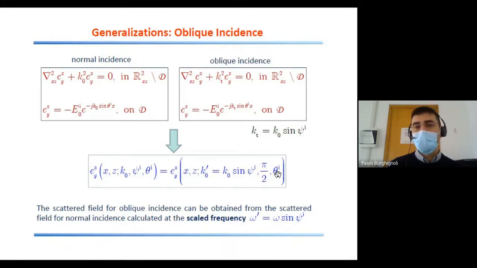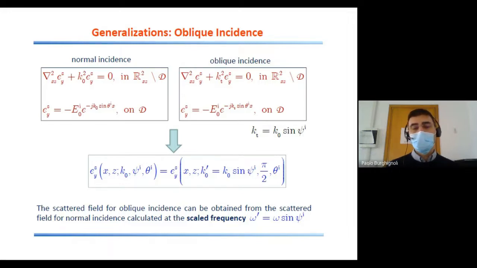So for any oblique incidence case, you can reduce to the normal incidence case up to a scaling of the frequency. That's the only operation to be done. And the scaling is, of course, that the frequency omega prime is equal to omega times the sine of the incident angle psi.